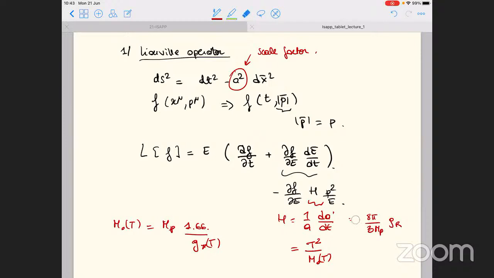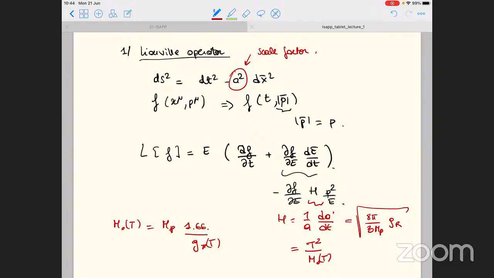It's directly related to the square root of 8 pi over 3 m Planck, and rho radiation goes as temperature to the fourth, and also has a dependency on the number of relativistic degrees of freedom.